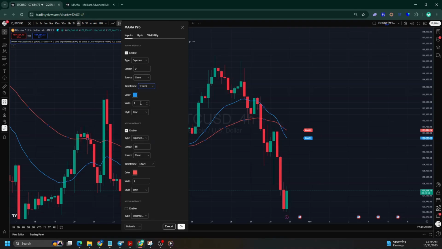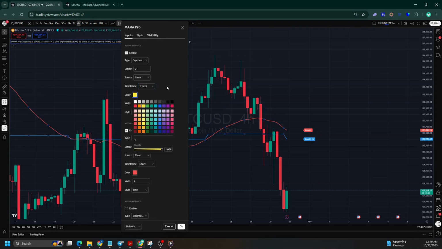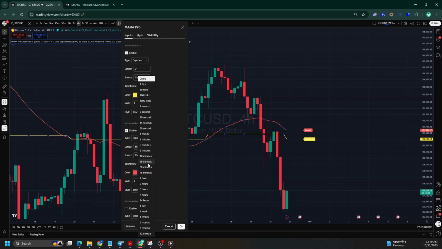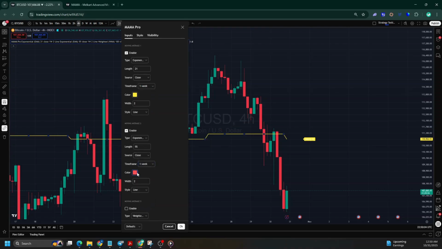This is very important, and I usually use this color. Then I want the 55 EMA on the weekly as well, because I'll show you how important these are on the weekly. And for this, I personally use green.